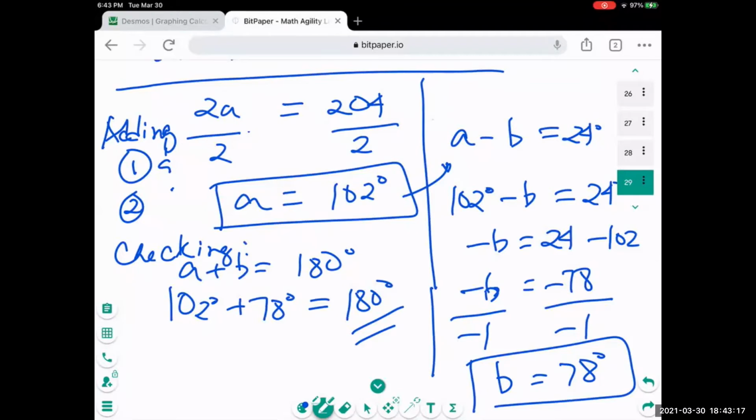Yung second part ng ating episode today is about logic and propositional calculus in discrete mathematics. Okay? So let's try to do some definition.